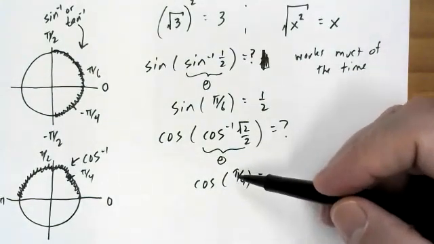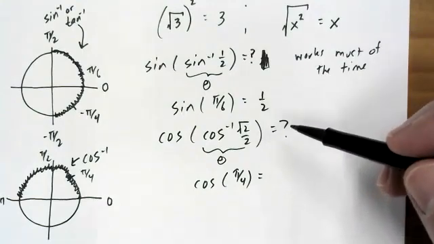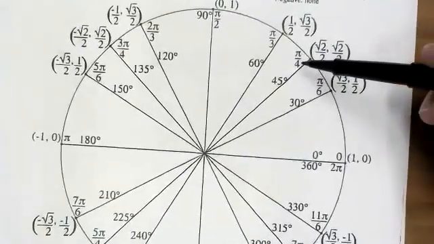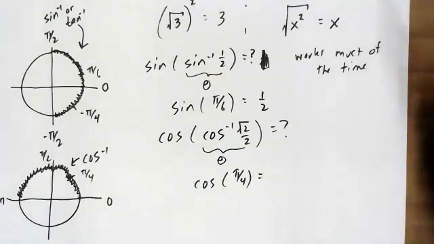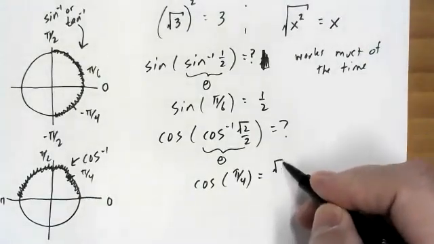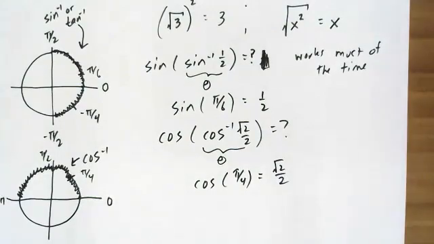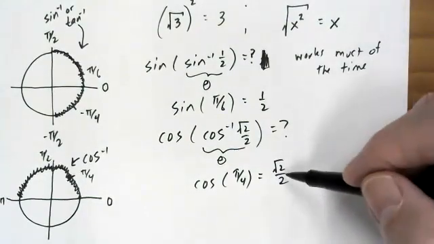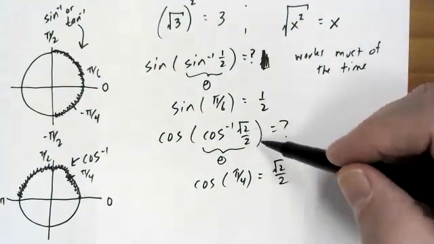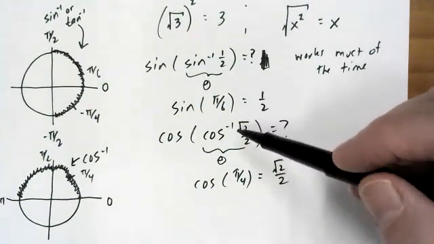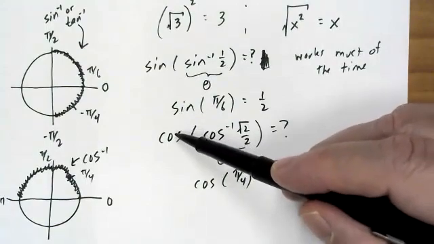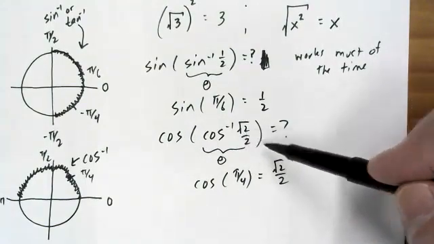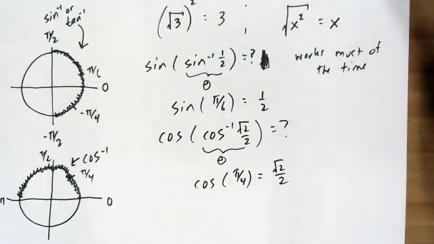And what's the cosine of pi over 4? Once again, hopefully you know your unit circle pretty well. Here's pi over 4, cosine is the value of x, square root of 2 over 2. And as it turns out, for this one, the shortcut would have also worked. In other words, from the start, I could have said, these two functions cancel out. Your answer is what you started with.